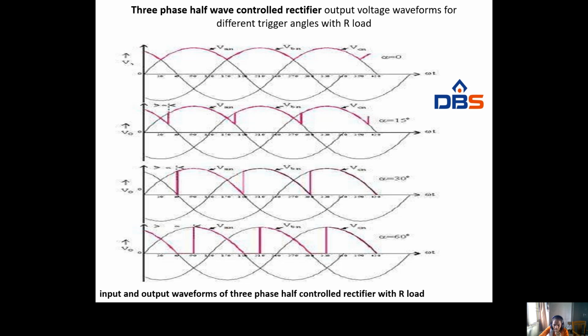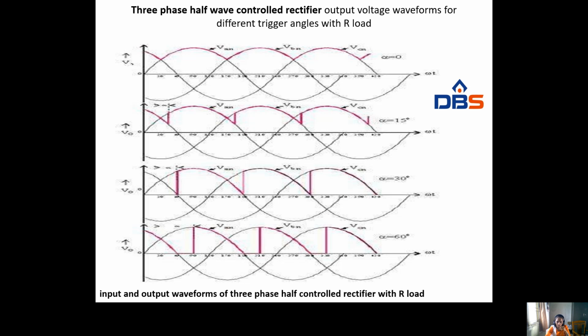At an angle of alpha equal to 15 degrees, the output voltage will be like this, and T1 and D2 will be conducting when triggered. At 30 degrees, T1 and D2 will conduct at 30 degrees. At 60 degrees, when we trigger the thyristor at 60 degrees, T1 and D2 will conduct at 60 degrees.